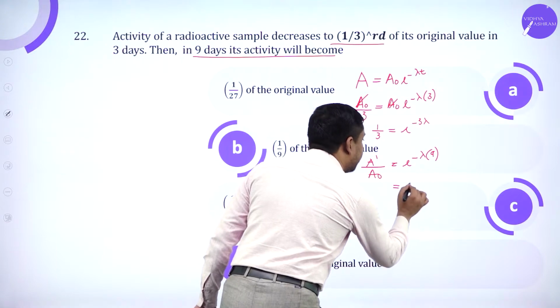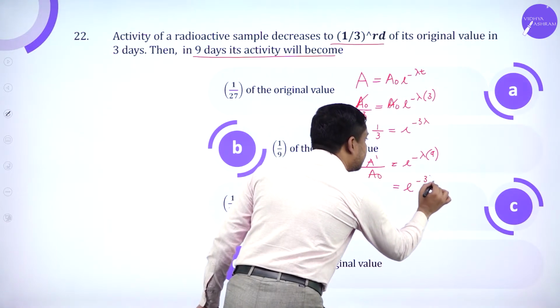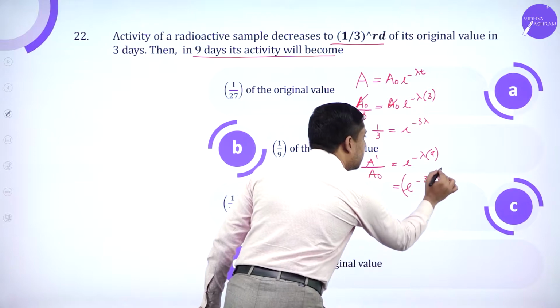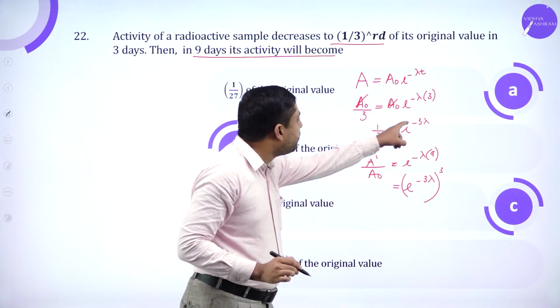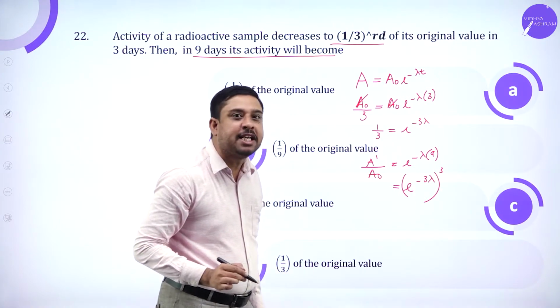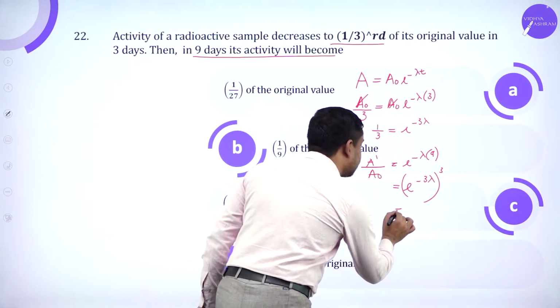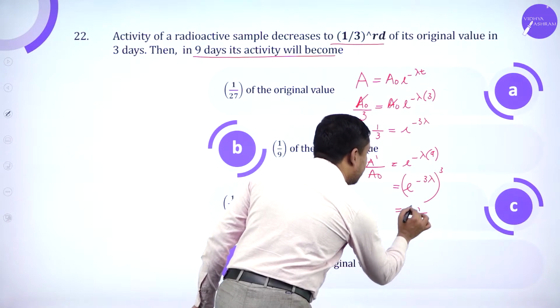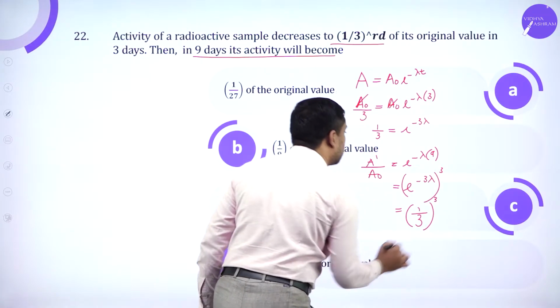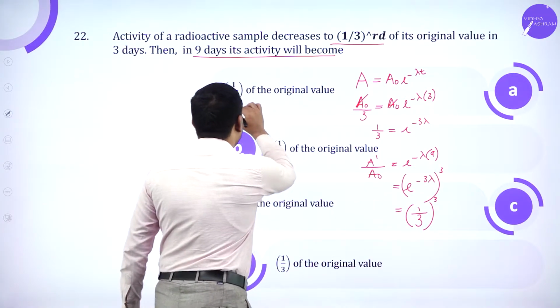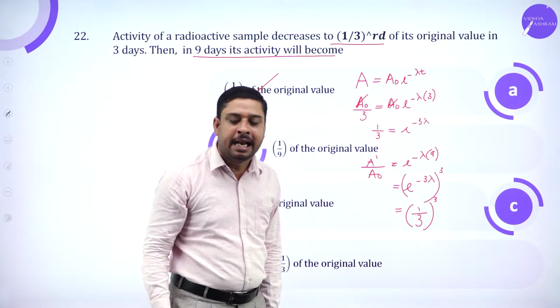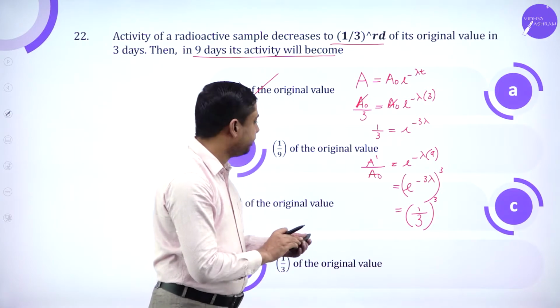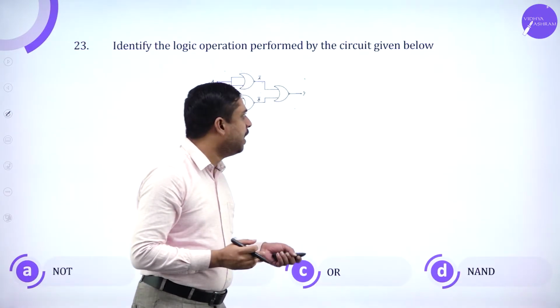This can be written as e to the power minus 3 lambda, the whole to the power 3. e to the power minus 3 lambda is 1/3. So this can be written as 1/3 the whole cube. So it becomes 1/27 of the initial activity. Very simple.